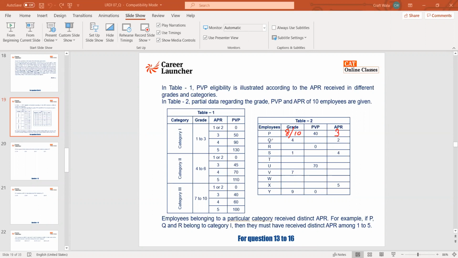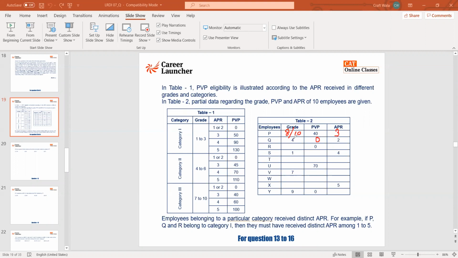Next, Q, his grade is 4, and his APR is 2. If your APR is 2, your PVP will be 0. That means I can say this is 0. Next, this guy's PVP is 0. That means you can be of first category, second category, or third category. Now 3 zeros are here that I can see.